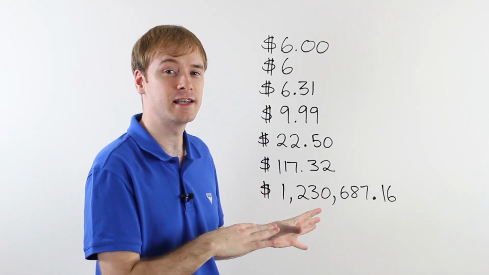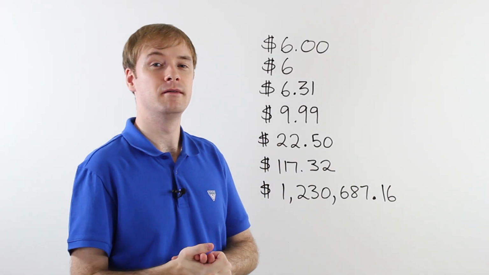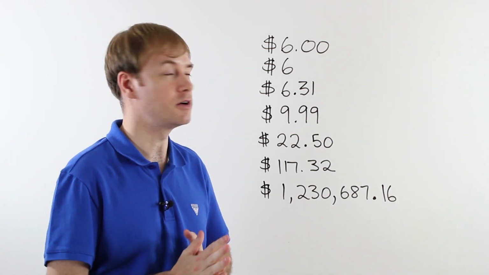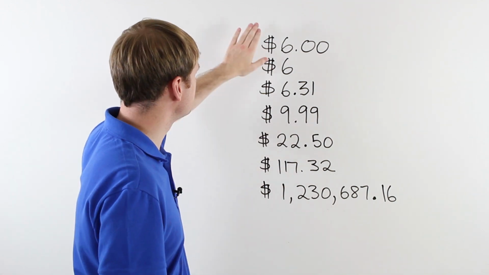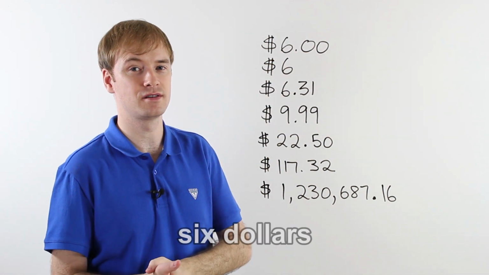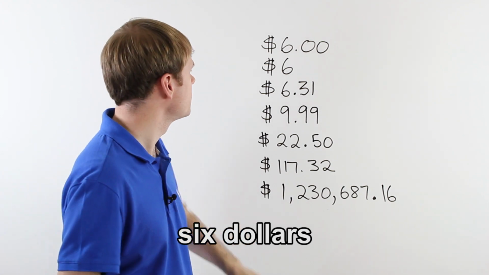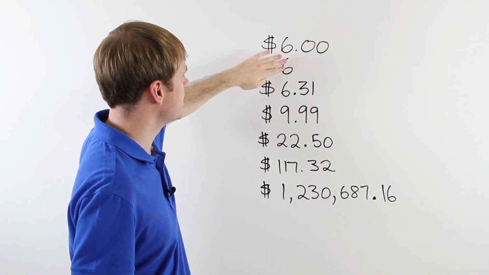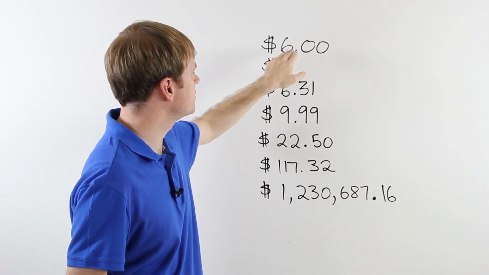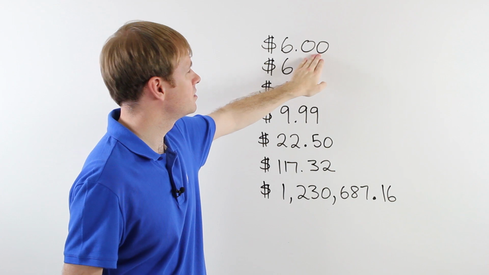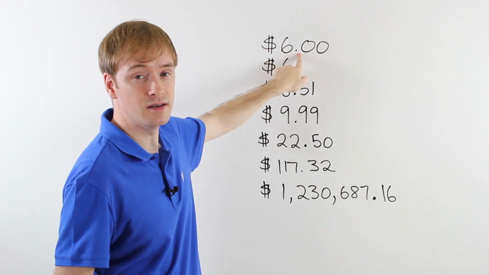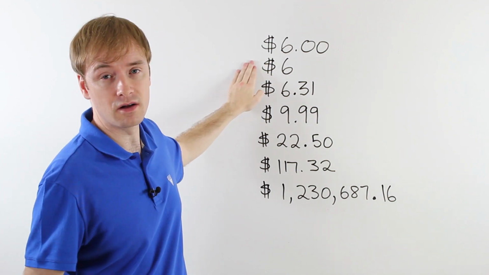All right, so these examples are a little more difficult, but it helps us understand how to express American money. Let's look at the first number. Of course, this is $6. And the second one is the same. Don't be confused by this. This means $6 and there's no cents. So you could write $6 like this, or you could write $6 like this.